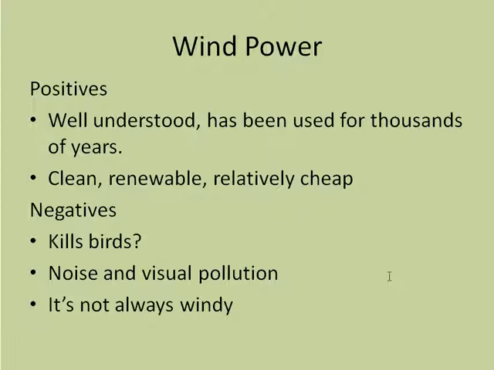These ones spin quite slowly, so they're less likely, supposedly, to kill birds. And we don't seem to have much of an issue with this in New Zealand. But other places they may have an impact, especially if they're put into the migration routes of certain bird species.